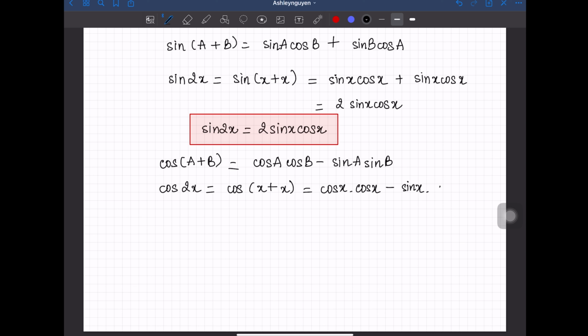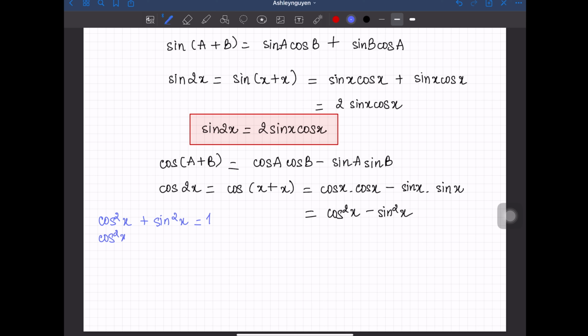You can see that is equal to cosine square x minus sine square x. I will use cosine square x plus sine square x equal 1. Meanwhile, cosine square x equal 1 minus sine square x. I will replace cosine square x by 1 minus sine square x. It becomes 1 minus sine square x minus sine square x, equal to 1 minus 2 sine square x.